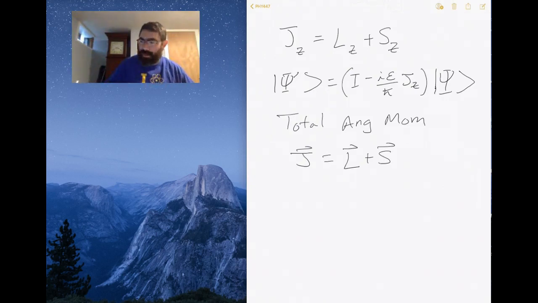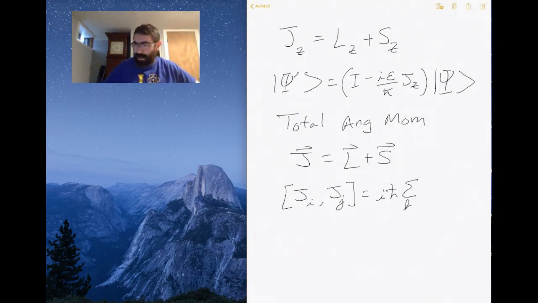And so we should get these commutators, where J_i commuted with J_j gives me i h bar, the sum over k, the Levi-Civita tensor, J_k.